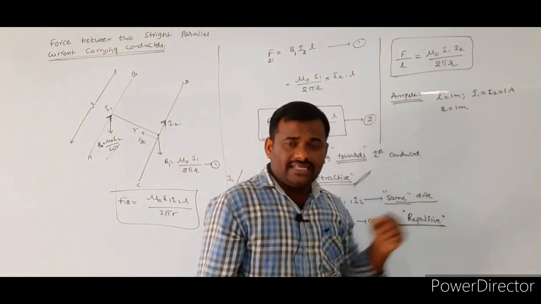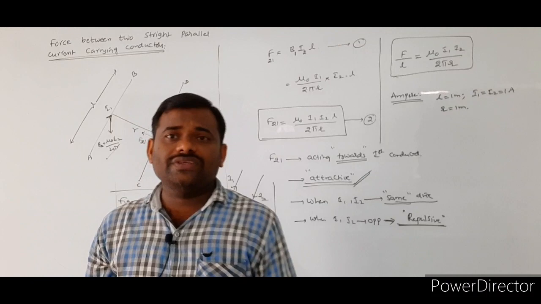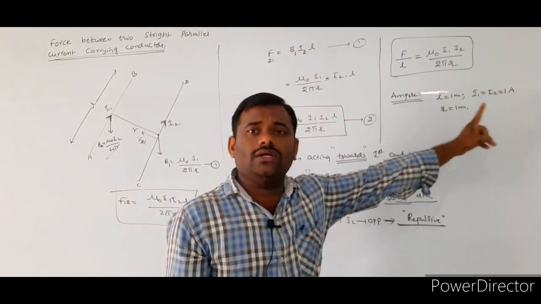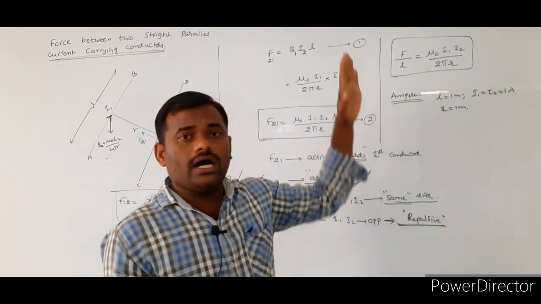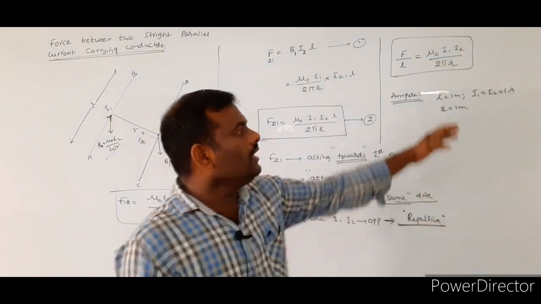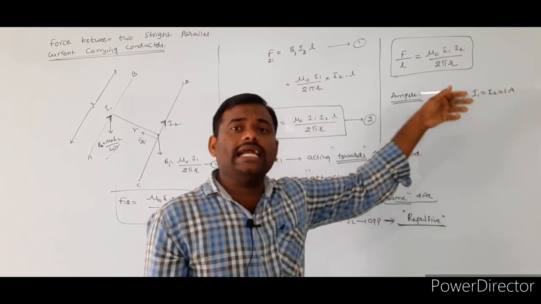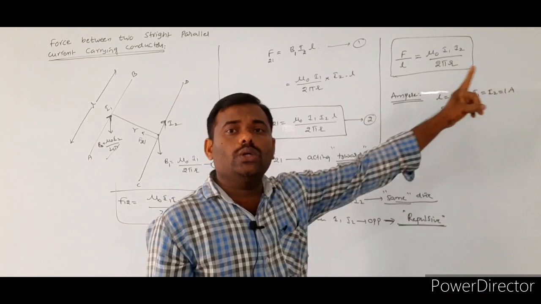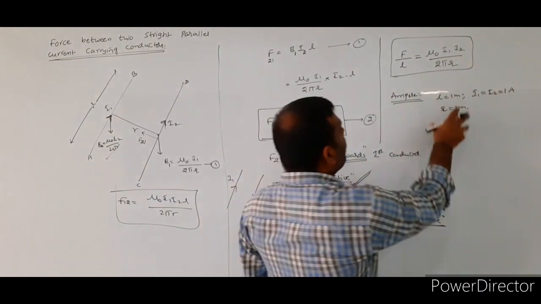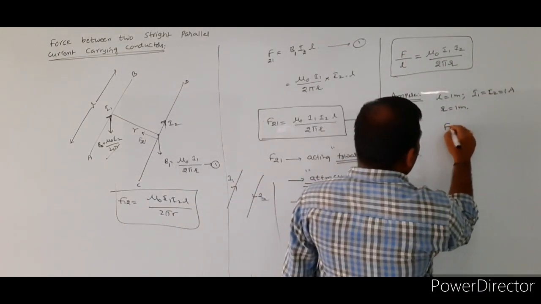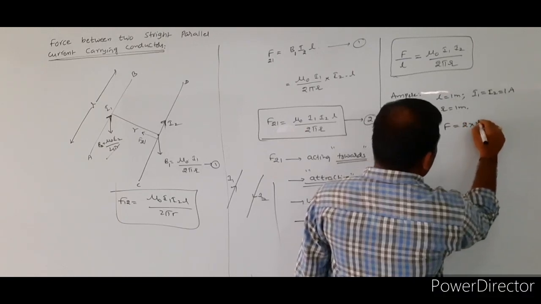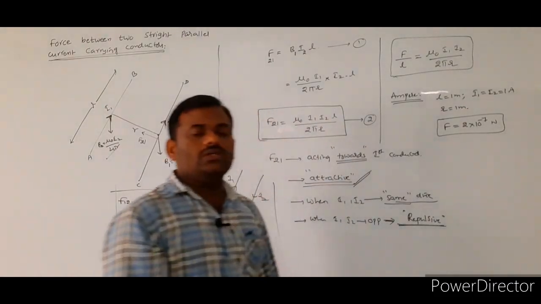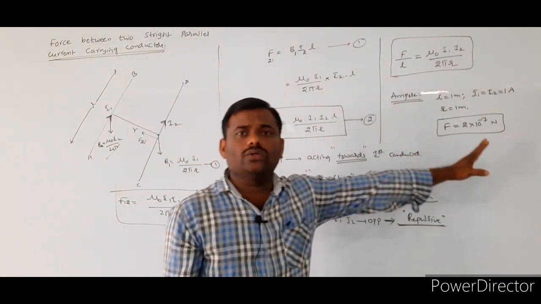So we are taking the conductor of unit length, the distance of separation between the two conductors also unity, and the current through the two parallel conductors equal to 1 ampere. If you substitute all these values in this equation, you will get the force value equal to 2 into 10 power minus 7 Newton.